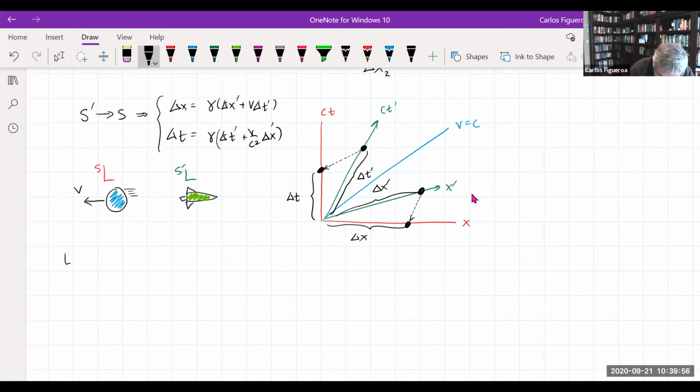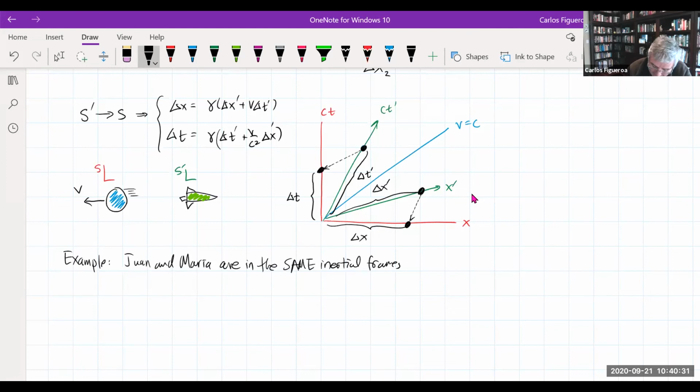So if I look at some example here, the first thing I would do is say that Juan and Maria are in the same inertial frames. Okay? They're in the same inertial frames.